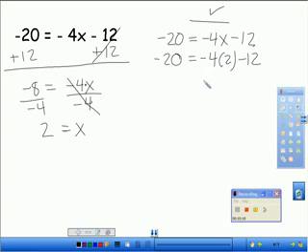Negative 4 times 2 is negative 8 minus 12. And we have to KFC it. So this becomes plus a negative. And 8 plus 12 is 20. They both have negative signs, so we keep the negative sign. Negative 20 does equal negative 20, so we got the problem correct.